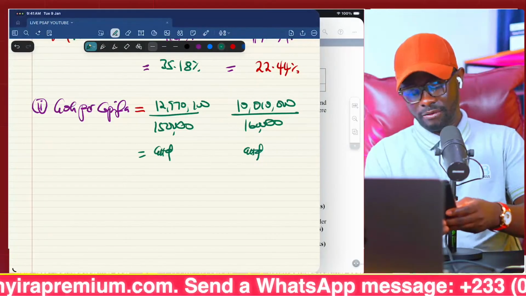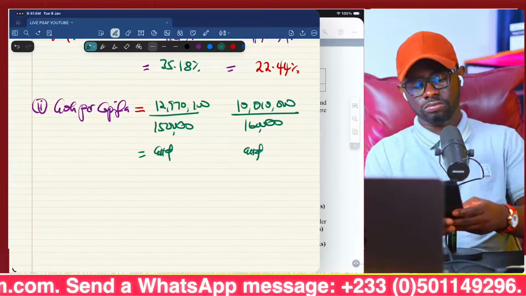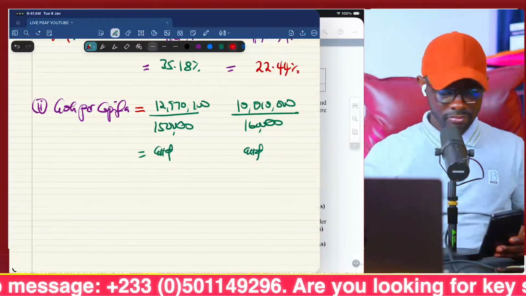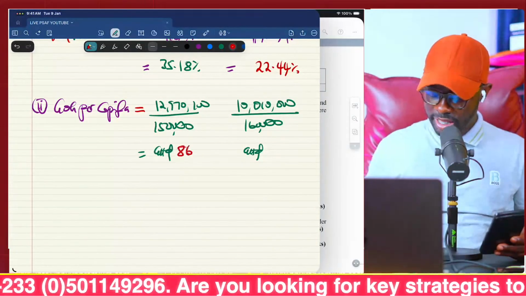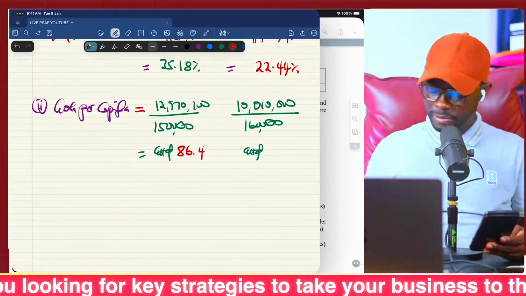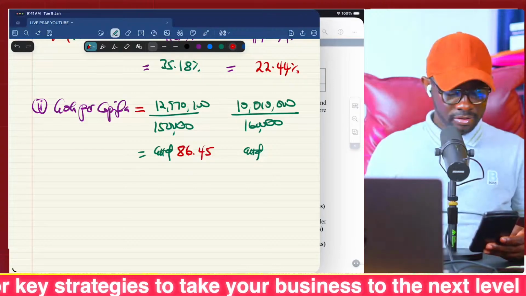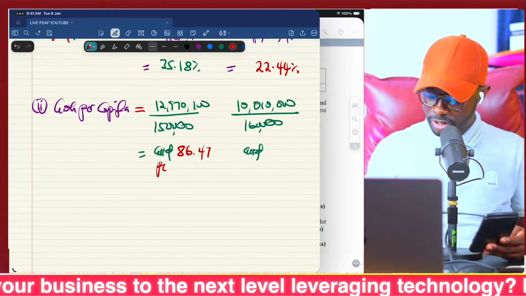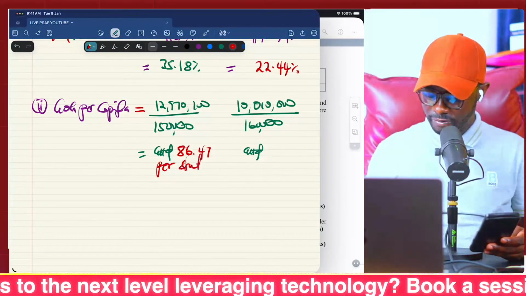12,970,100 divided by 150,000. And that is 86 point maybe 47. 86 Ghana cedis, 47 rather. Per person, or per student, whatever.